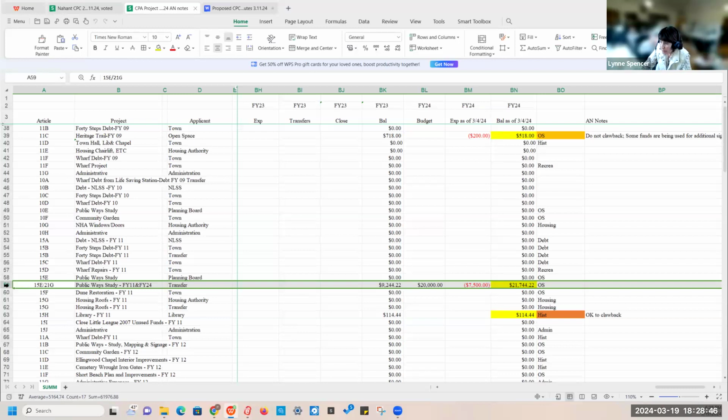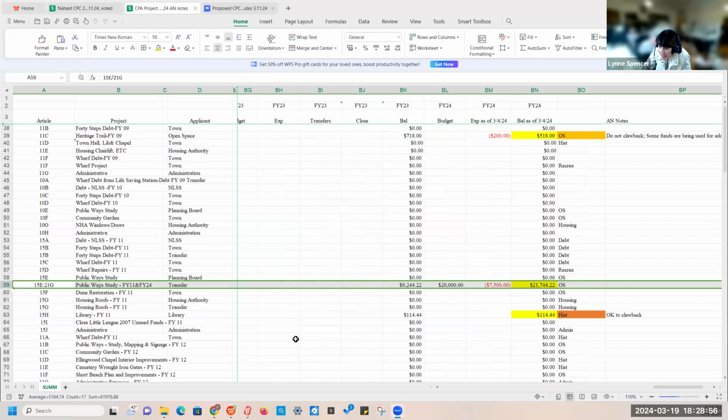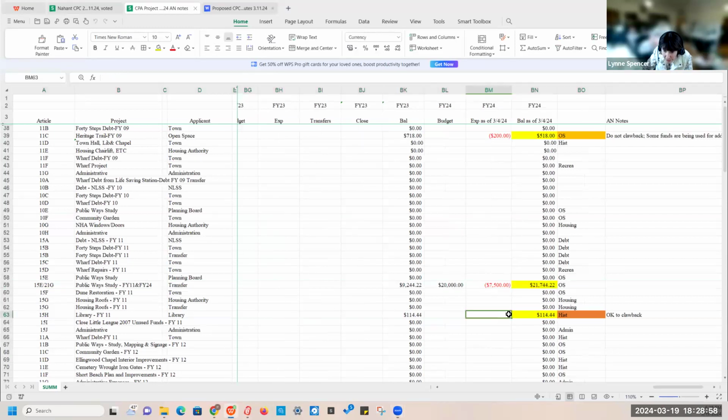So I think we should respect that. Next, in the yellow and orange highlight, is a library bond from fiscal year 2011. It has a balance of $114.44. It looks like this could be clawed back.